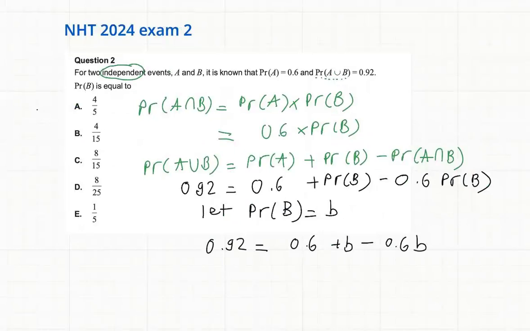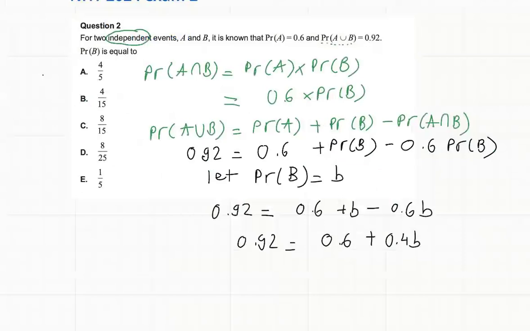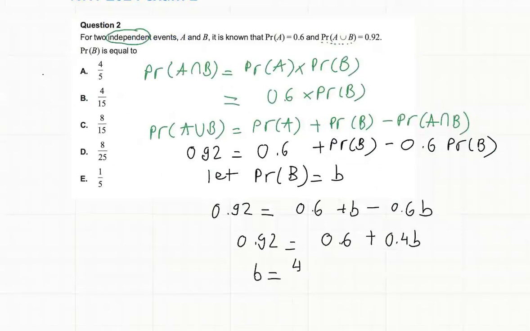And now we have 0.92 equal to 0.6 plus 0.4b. When you plug it in your calculator, you should be able to get b equal to 4/5, and thus the answer is A.